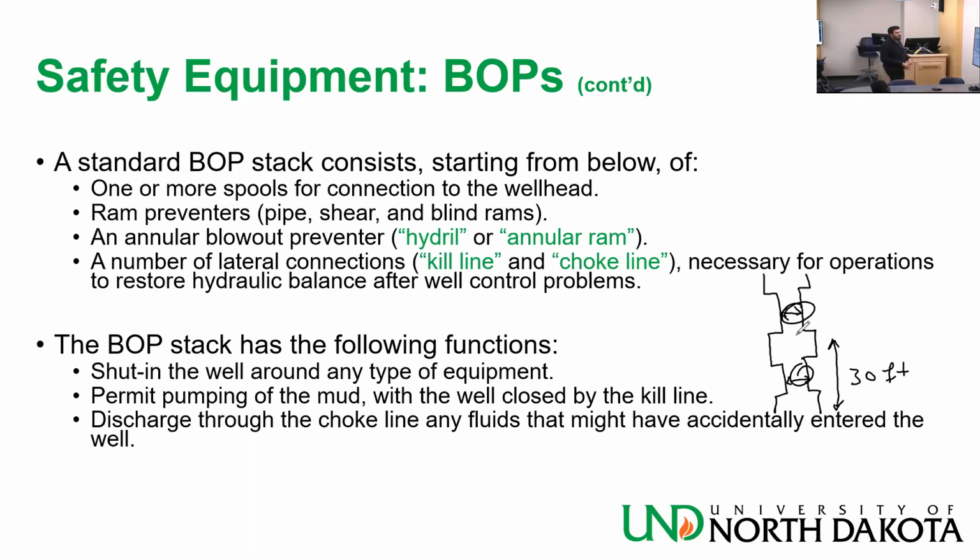If I want to get the joint down below this, I need to open this, and have this closed. Then if I want to get the next joint through, I need to open this, and have this closed. Because the pipe can strip through a closed pipe ram.